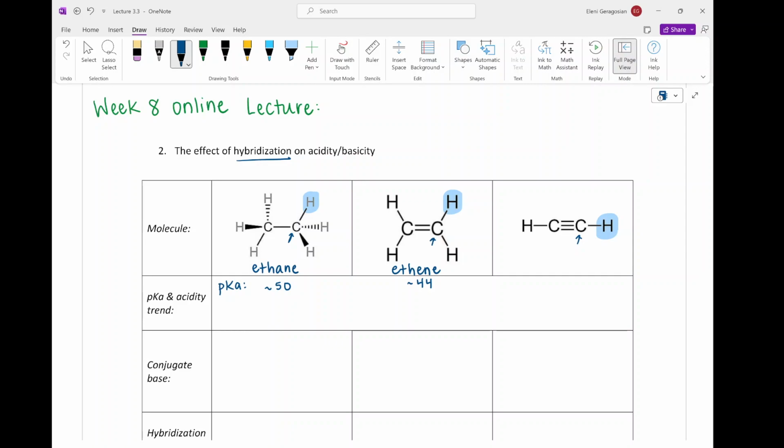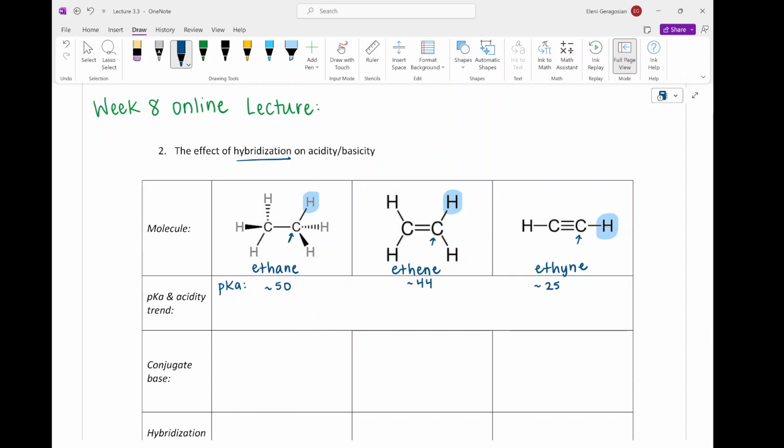And then ethyne is about 25, so almost 20 pKa units lower. So we have pretty large differences in pKa for these molecules where each hydrogen is bonded to the same atom, all neutral charges, but the only change is the hybridization of that carbon.